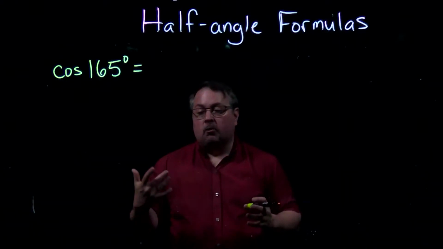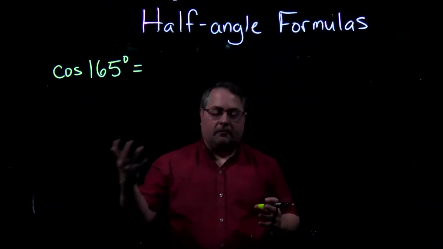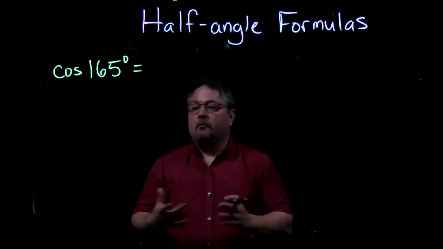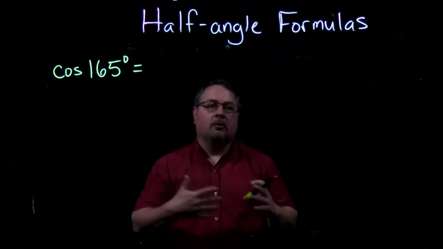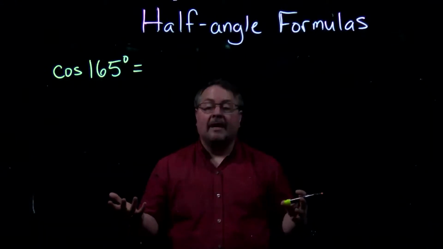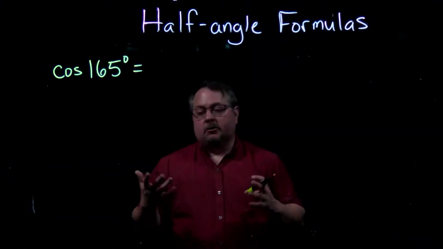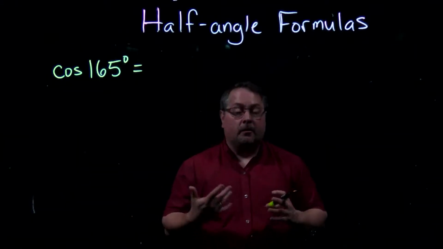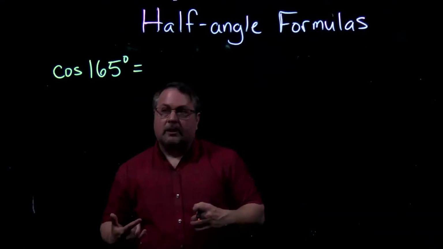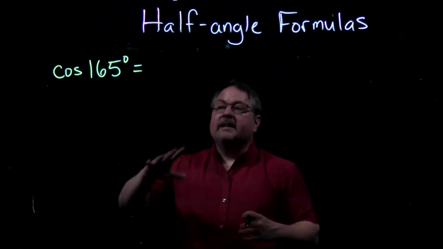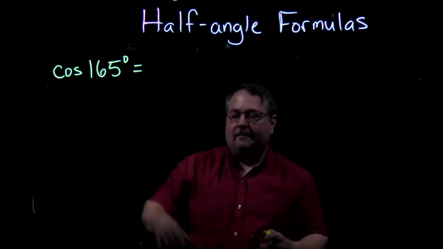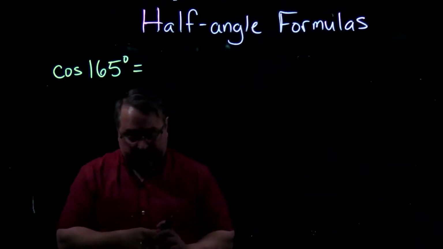In particular, with half angle formulas, you'll often end up with square roots inside square roots, whereas with a sum or difference formula, you wouldn't have that. Numerically, if you put them into a calculator, they'll actually be the same. So as to eliminate any confusion, on an exam I would say use a sum or difference formula or use a half angle formula to evaluate this.